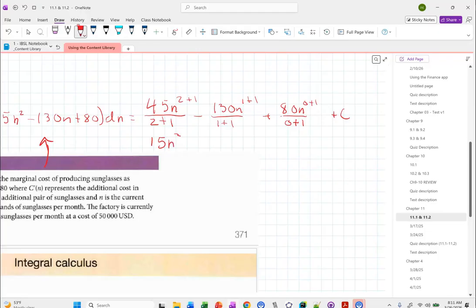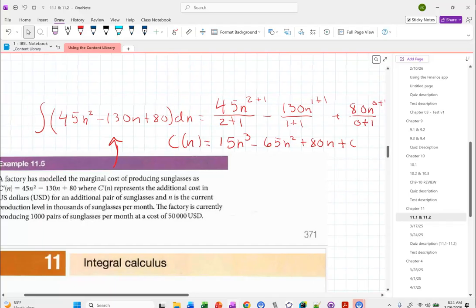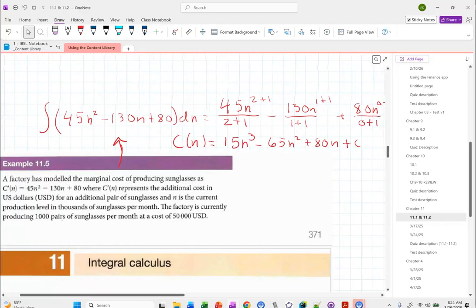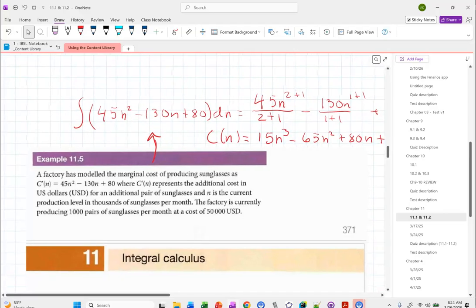So we simplify and reduce. So this is my cost function. And then it tells me that the factory is able to produce 1,000 pairs of sunglasses for a cost of $50,000.